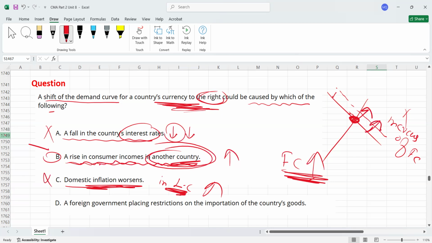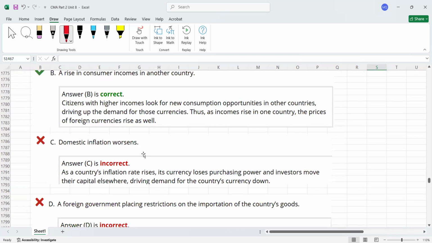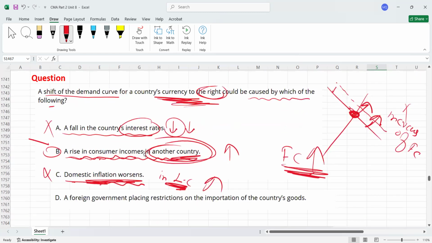But why is this not correct? Domestic inflation worsening means inflation has increased. Here we have the explanation, point C: as a country's inflation rate rises, its currency loses purchasing power and investors move their capital elsewhere, driving the demand curve for the country's currency down, not up.